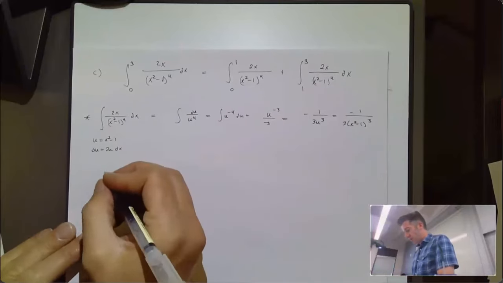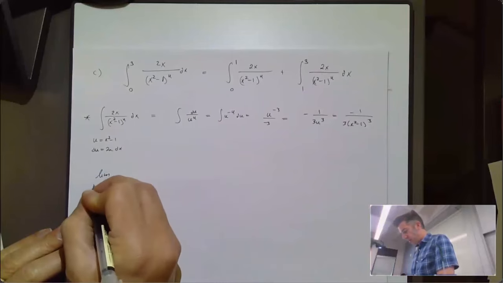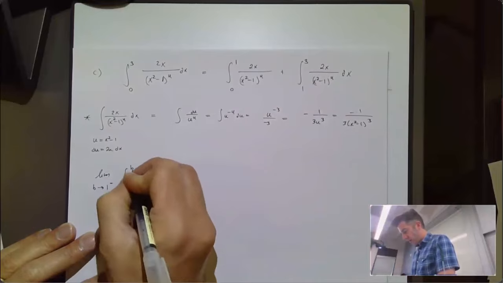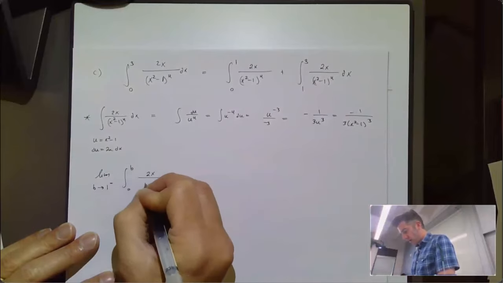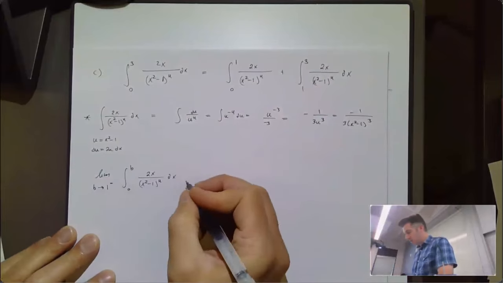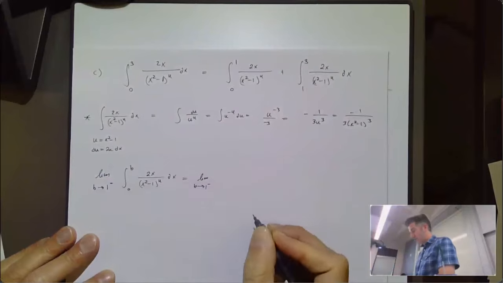So the limit as b approaches 1 from the left of the integral from 0 to b of 2x over (x squared minus 1) to the 4th dx. That's going to equal the limit as b approaches 1 from the left of, well, we did the integral already, right?